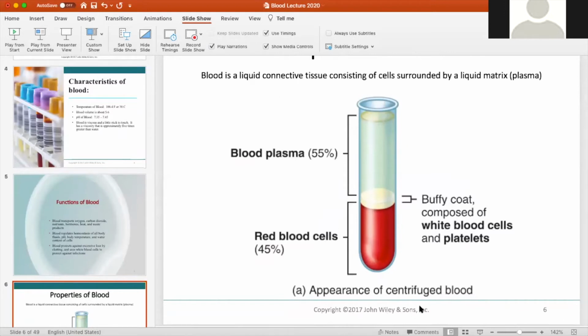We said that blood is connective tissue, and remember why it's connective tissue, because it has a matrix. So we said that the plasma is the matrix. And we said these red blood cells, also known as erythrocytes, make up the packed red blood cell volume.